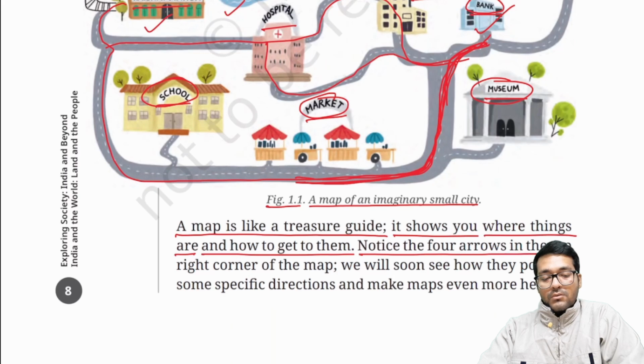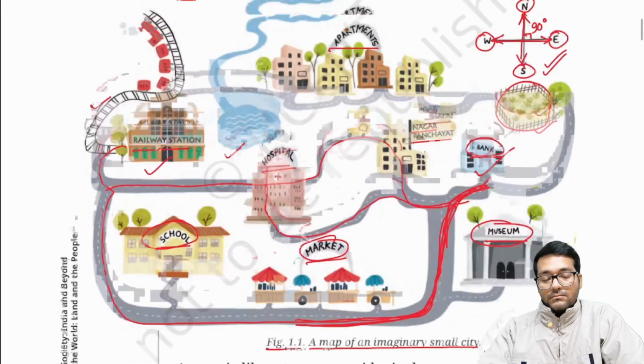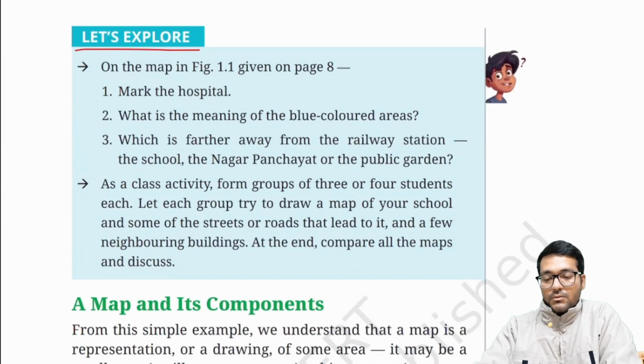Notice the four arrows in the top right corner of the map. We will soon see how they point to some specific directions and make maps even more helpful. Let's explore.